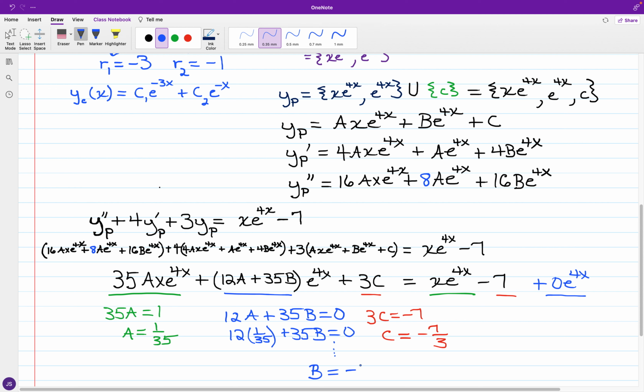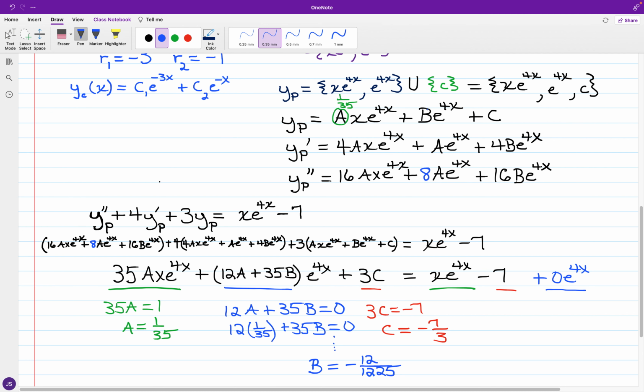This is a brutal fraction: b is -12 over 1,225. So going back to the coefficients for y sub p, a is 1/35 and b is -12 over 1225.